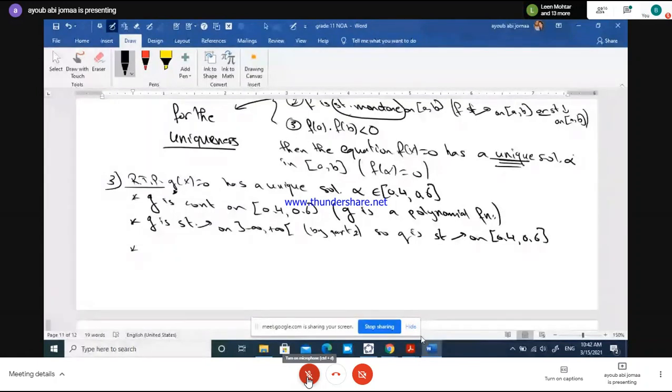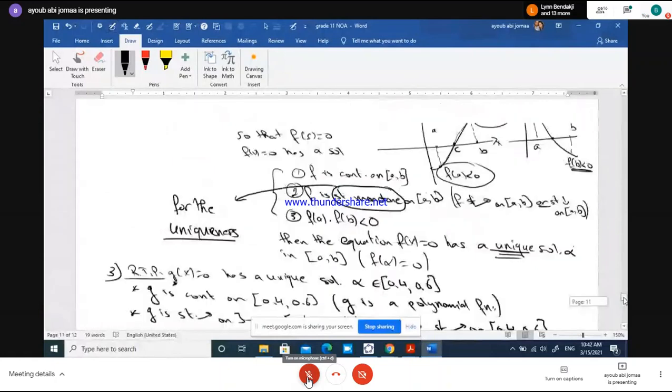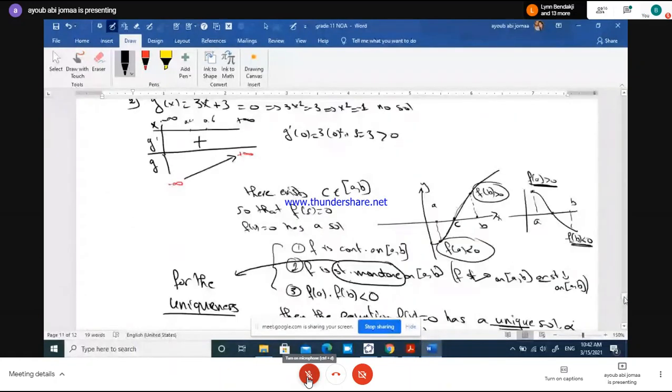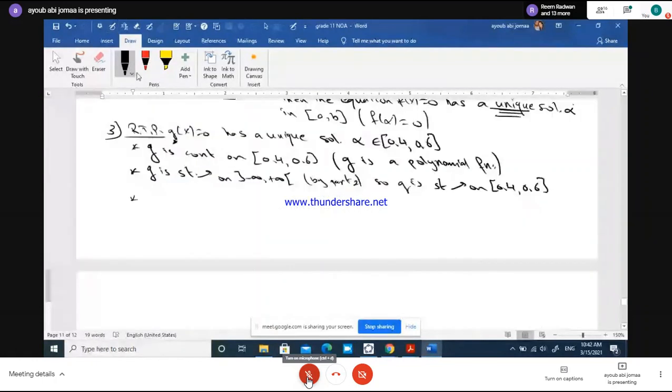By the way, to explain something, we can write it in the solution. Once the function is strictly increasing from negative infinity to positive infinity, then it will pass by zero somewhere here. Right? Let's say something else here.